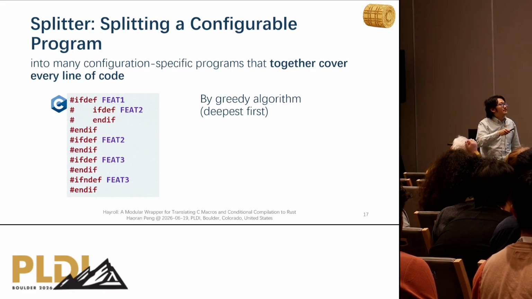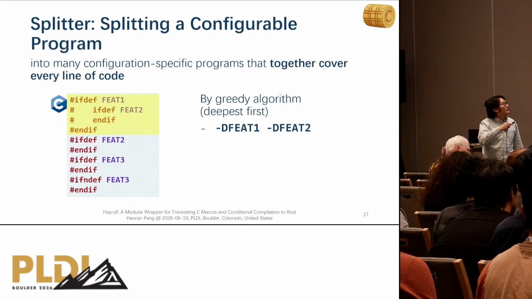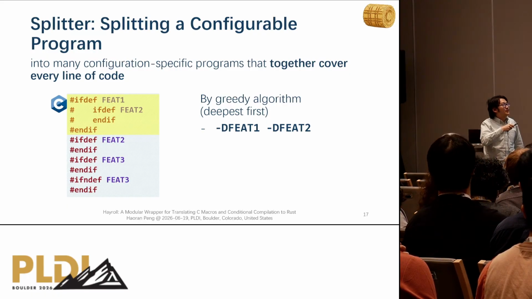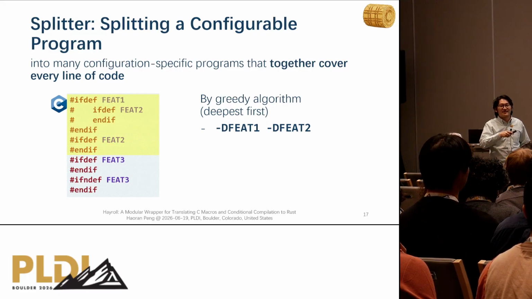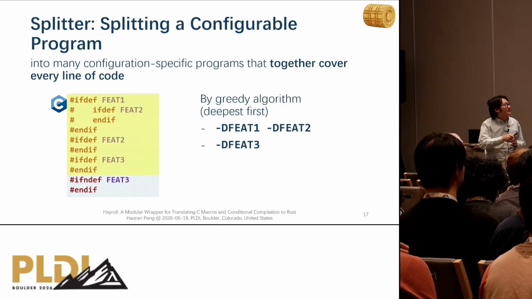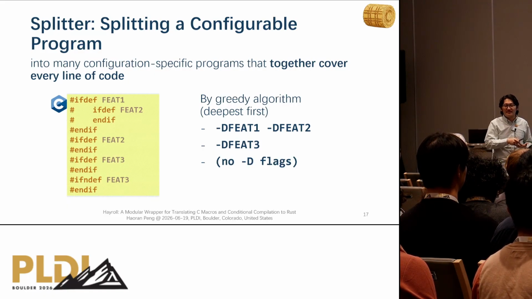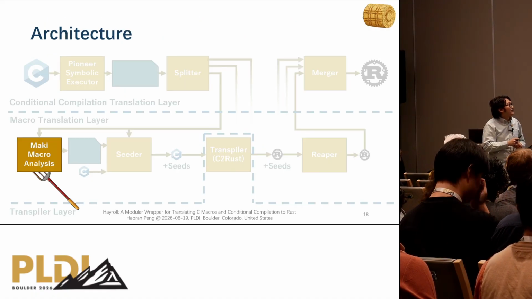So we issue a combination which is defined feature 1 and 2, which will cover lines 1 through 4, and we'll be able to realize that it also happens to cover 2 more lines with no extra configuration needed. And by repeating this process, we'll be able to cover all the configurations with just 3 different combinations, which is much more efficient.